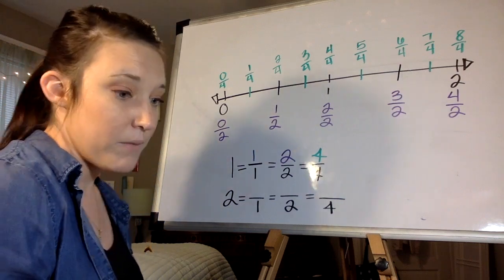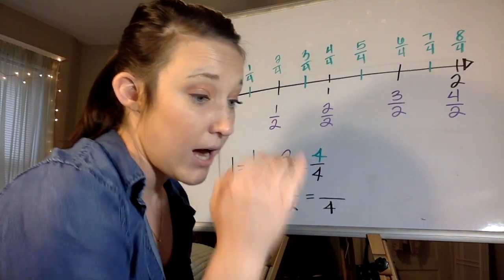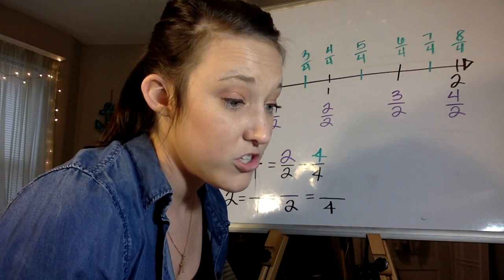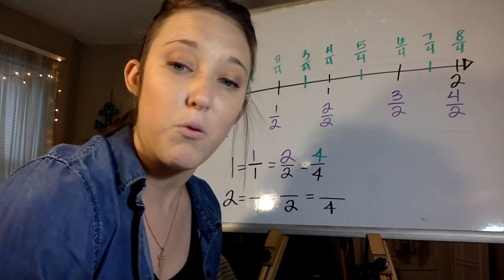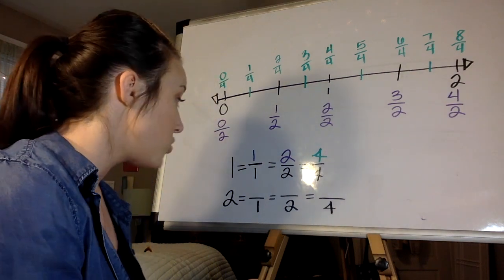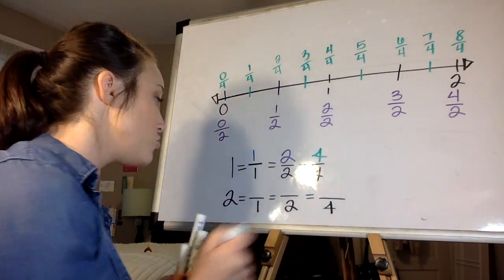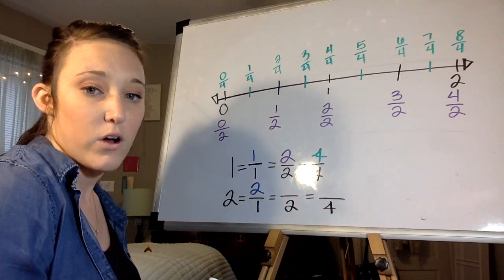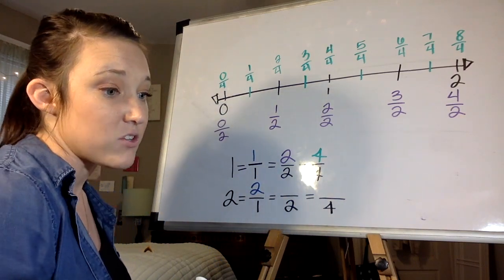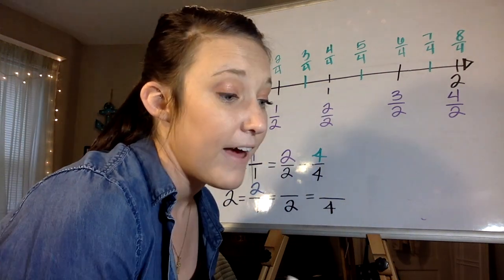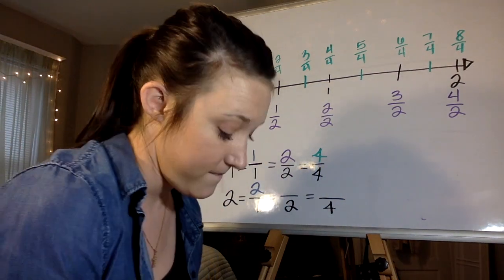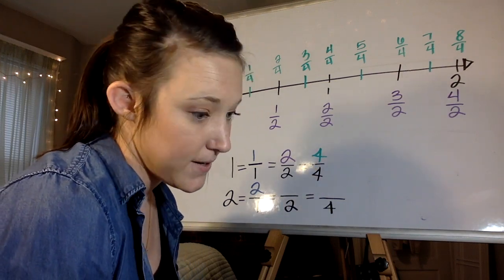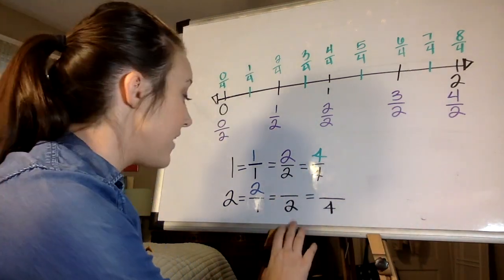So if you remember back to the top half, where 2 wholes is divided into 1 equal part, well, that is going to be written as 2 over 1. 2 wholes divided into 1 equal part. Okay, so that's looking back up at that top number line. And then we're looking at the halves again.